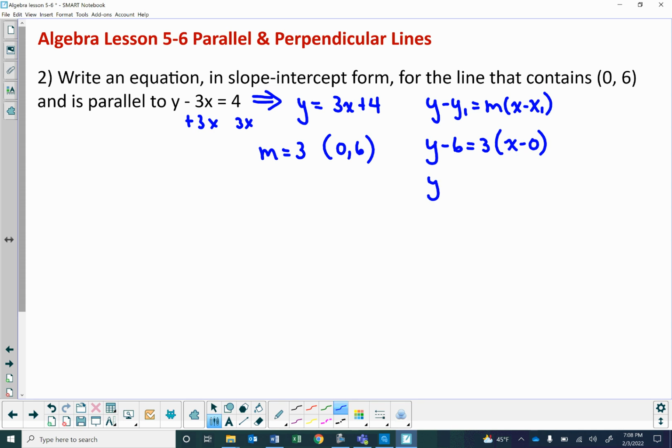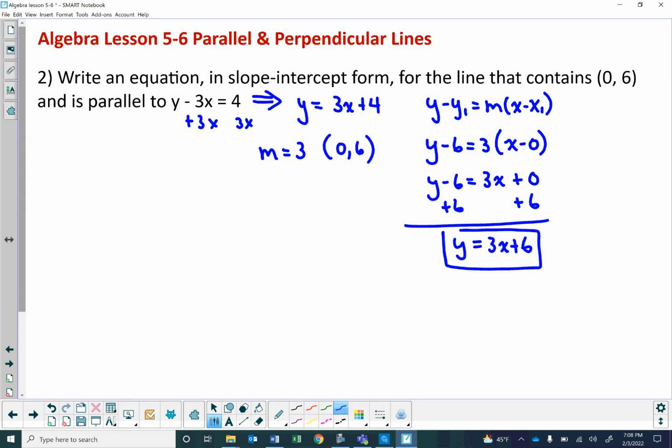So y minus 6 equals 3x plus 0. Add 6 to both sides. And y equals 3x plus 6. So the equation of the line in slope-intercept form that is parallel to y minus 3x equals 4 and goes through the point 0, 6 is y equals 3x plus 6.